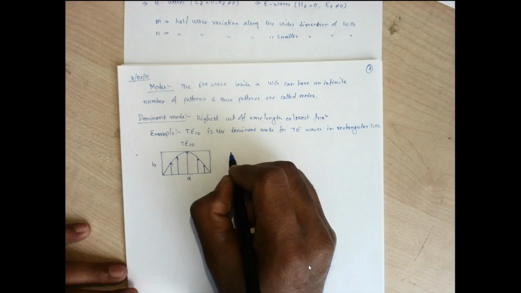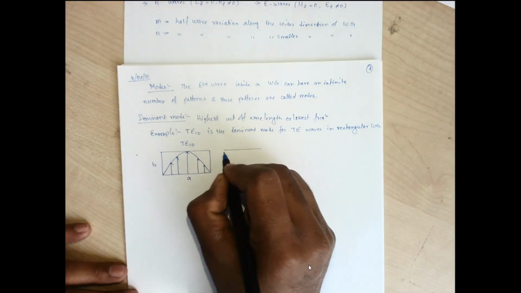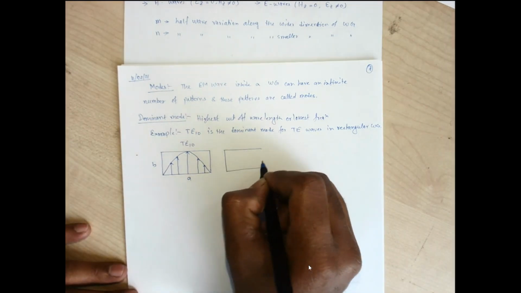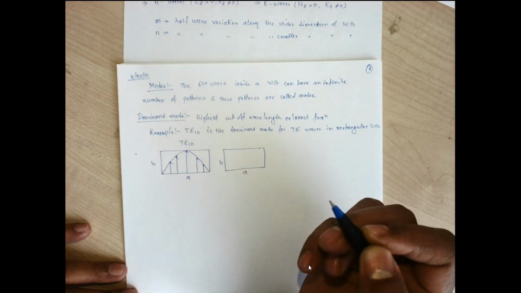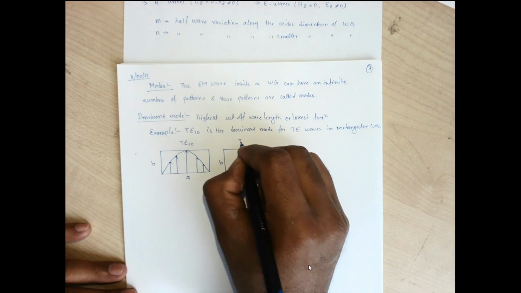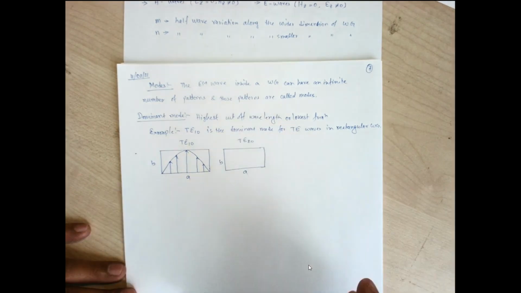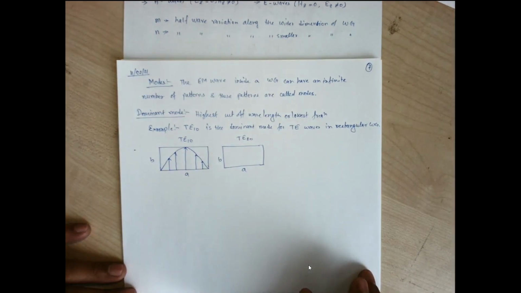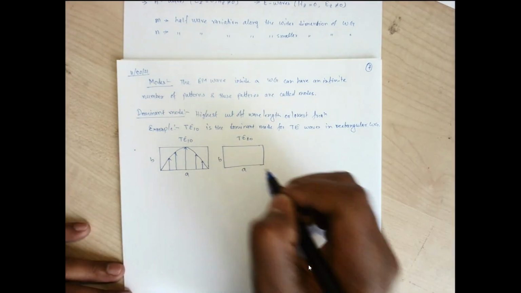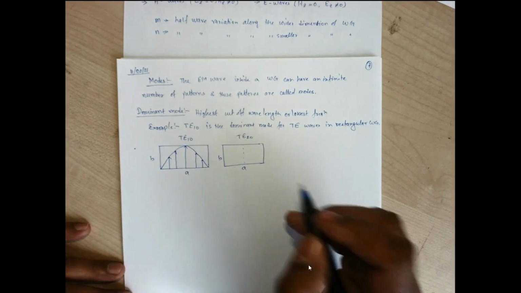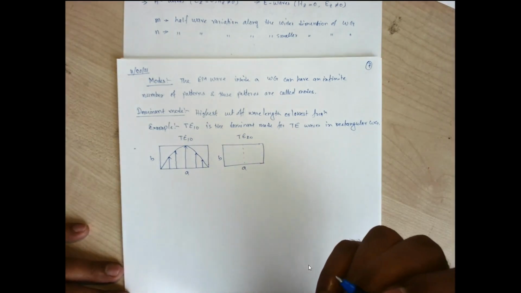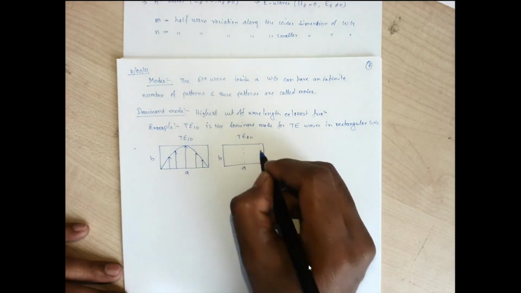Now if we go with some other modes, for the same waveguide A cross B, let us consider TE20. We have two half wave variations along the wider dimension. So this half portion has a single half wave, and this half portion has another half wave.